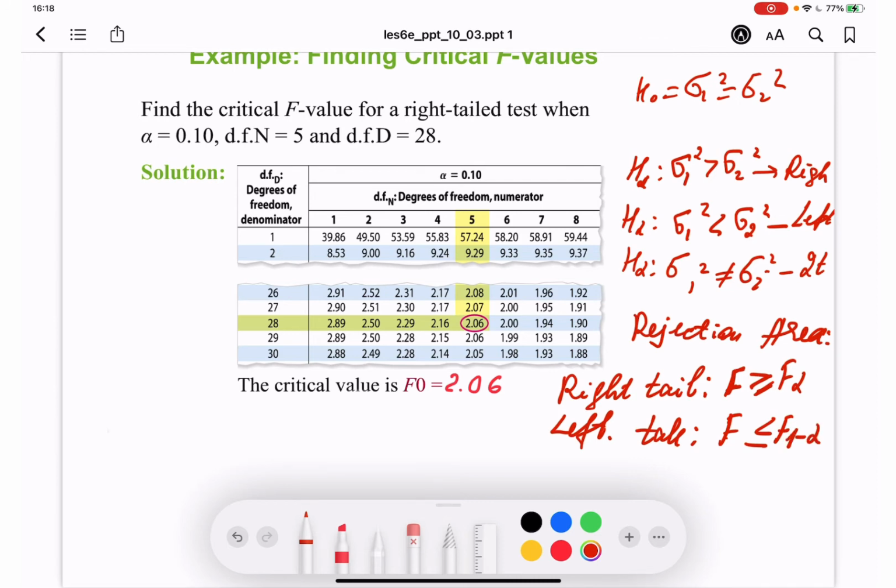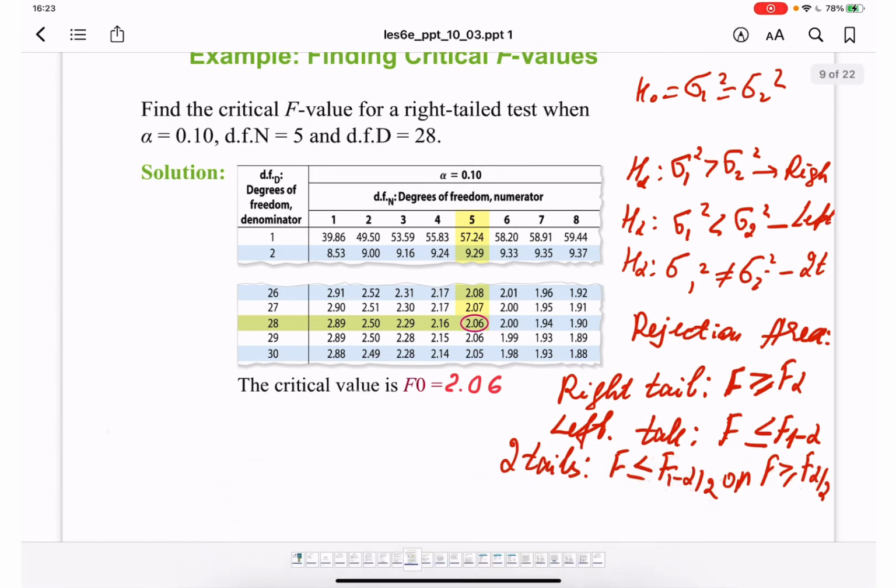And then for two tails, F less than or equal to F 1 minus alpha half, or F greater than or equal to F alpha half.